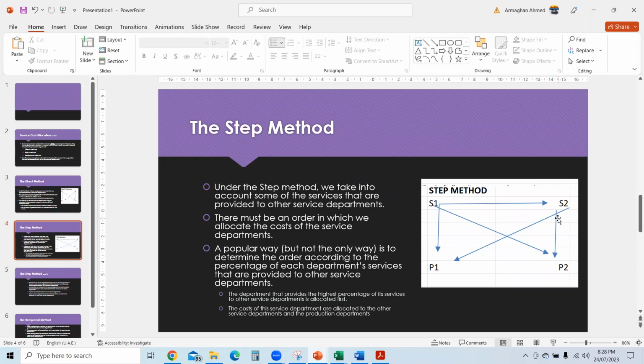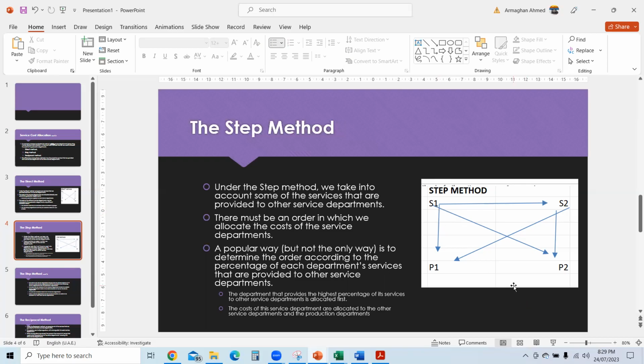Now we have to close the S2 department. When you close service department 2, you will be transferring its cost to all departments other than the closed department, because S1 is closed. So S2 will not be transferring cost to S1. It will only transfer cost to departments other than the closed department.